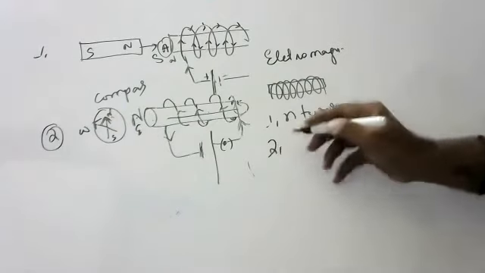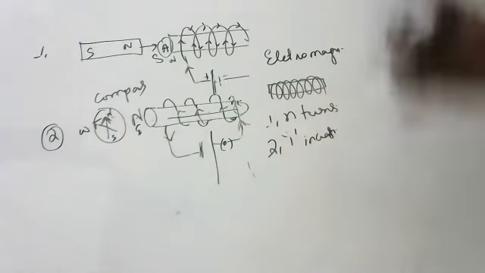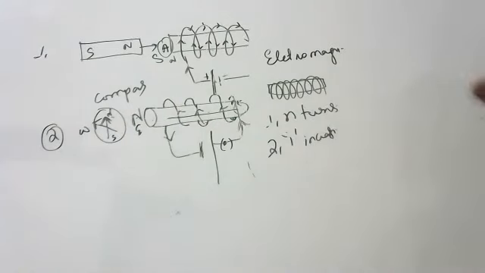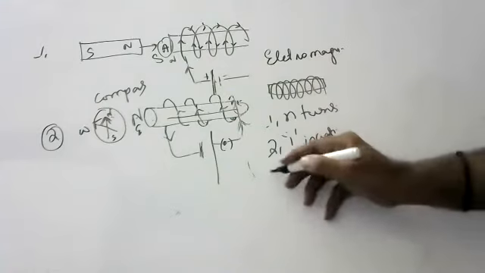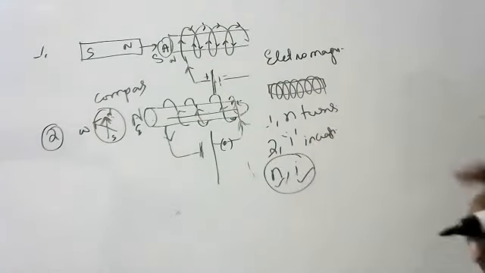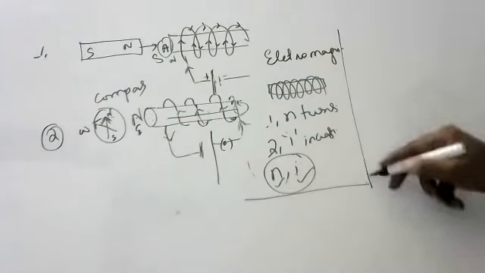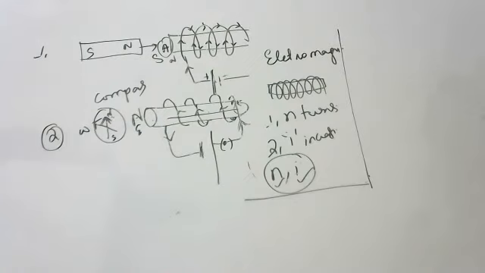Also by increasing the current: more is the current, more will be the strength of the magnet. So the two factors on which the solenoid depends are N and I. By increasing the turns and the current, you can increase the strength of the solenoid.